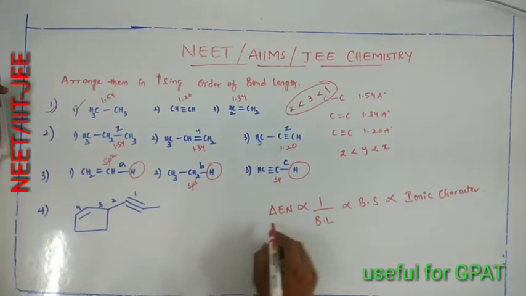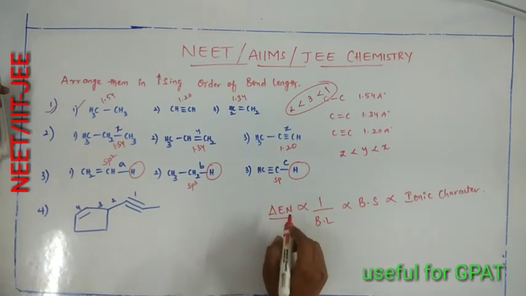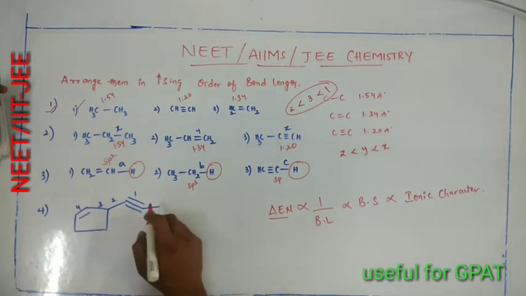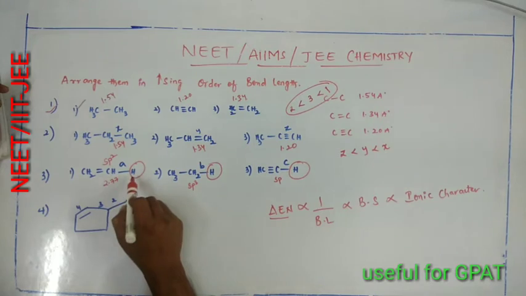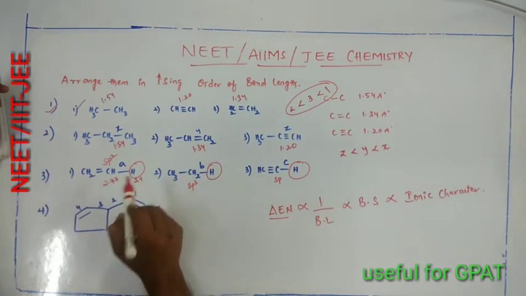So, the difference between the electronegativity of two atoms: here the sp2 hybridized carbon atom electronegativity is 2.77, and hydrogen is 2.1 only.